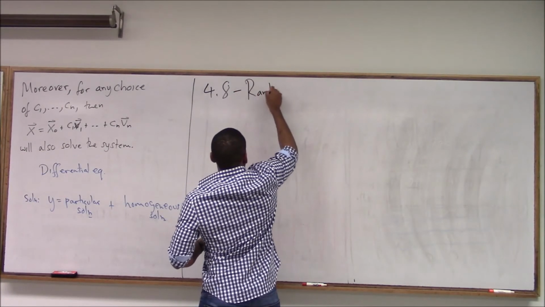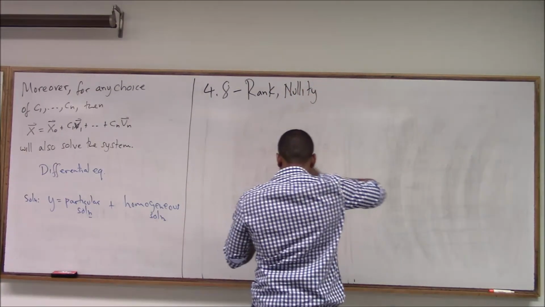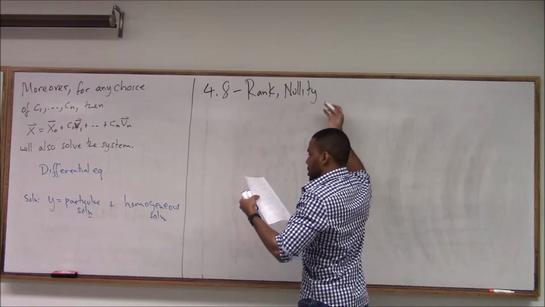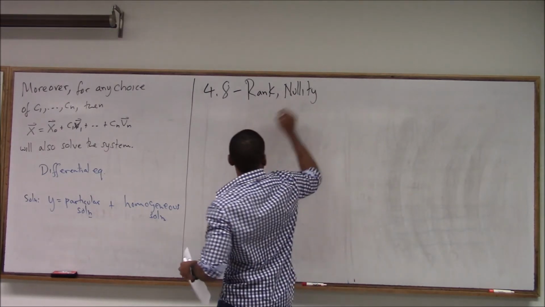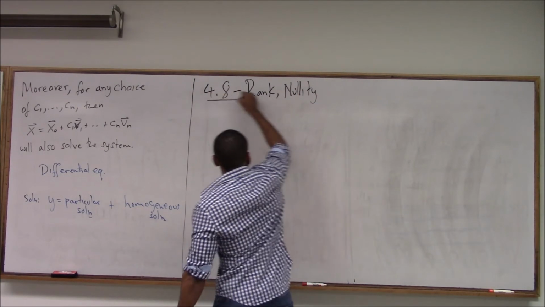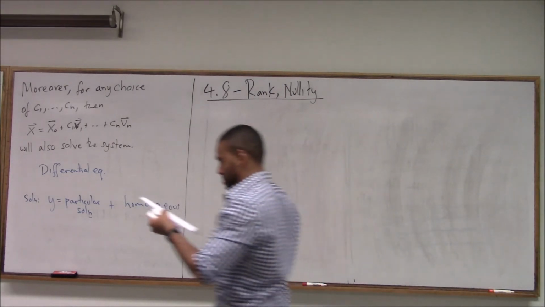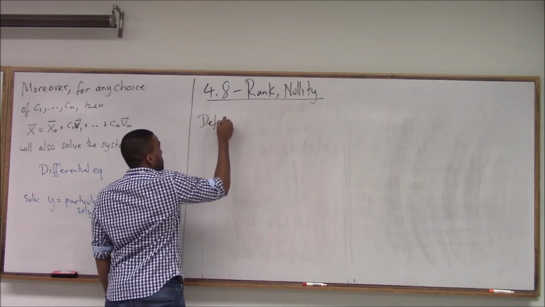Let's look at rank, nullity. I mean, I already mentioned the fundamental spaces. It says and the fundamental space, but I'm not going to talk about that. Rank and nullity is pretty much what I want to talk about. So let's do a definition.